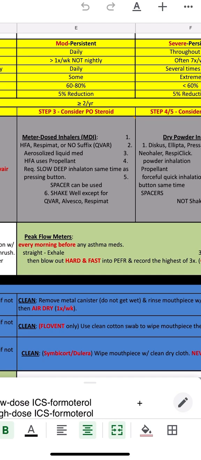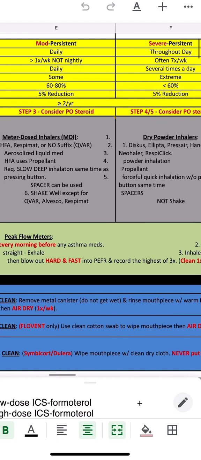They are metered-dose inhalers. Aerosolized liquid medication, HFA uses propellant, requires slow, deep inhalation at the same time as pressing the button. Spacer can be used, and you have to shake well except for Combivent, Respimat.